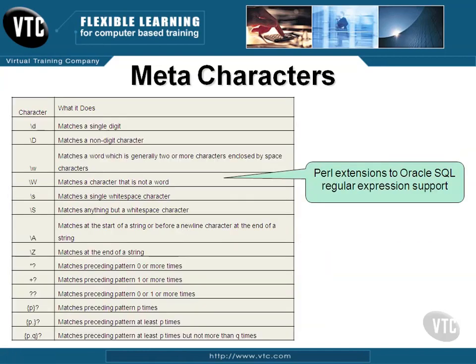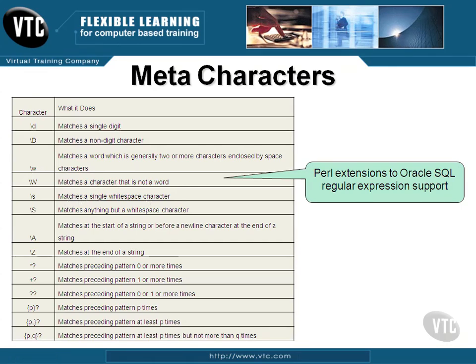And also, in Oracle SQL, we are allowed to use meta characters that are used in Perl. Platform independence. Obviously, if you've worked with Perl, you'll understand what a lot of these things are, but it's very straightforward. Matches a single digit, D for digit. Matches a non-digit character, capital D. Matches a word. Matches a character that is not a word, a single white space.